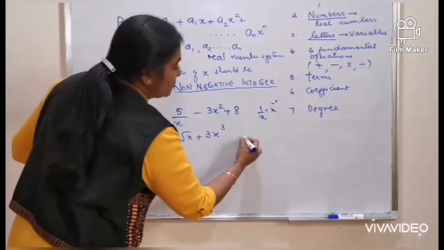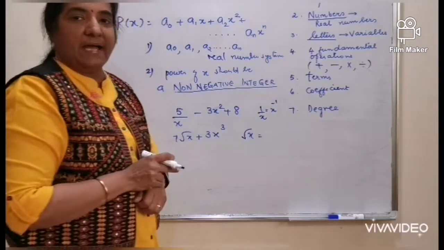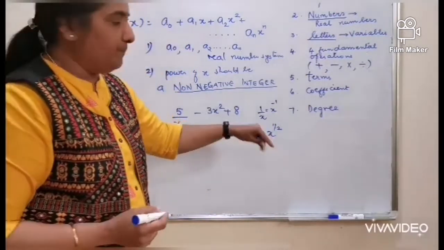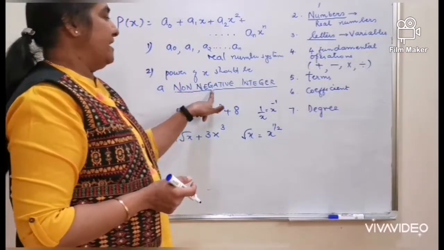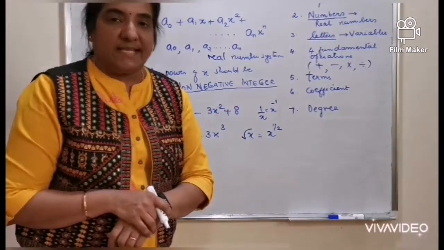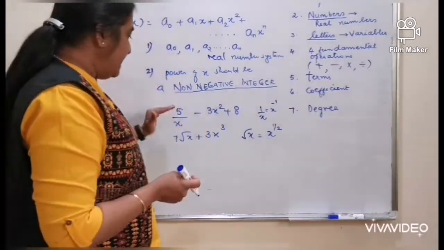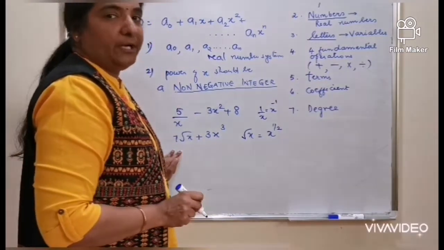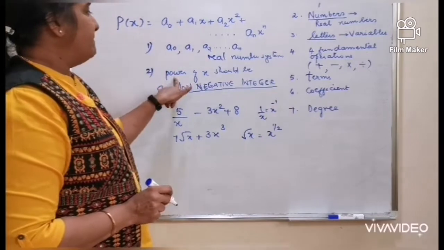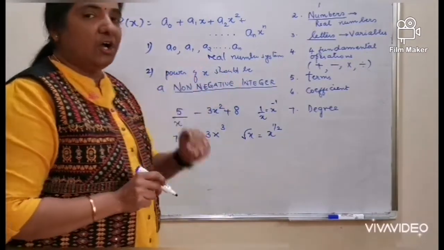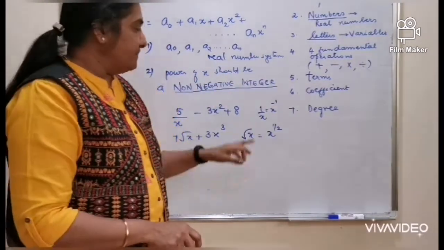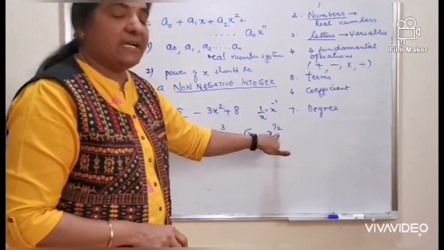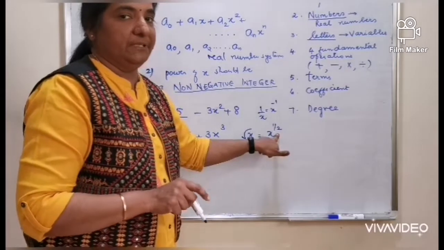Same way, square root x is the same as x to the power of half. There also, the condition that it is a non-negative integer is not satisfied. Thus, these two expressions are not polynomials because the power of x is not a non-negative integer. It is taking a negative integer here or here. It is becoming a rational number.